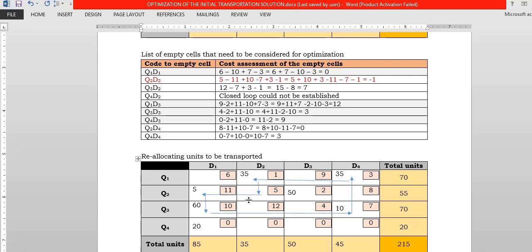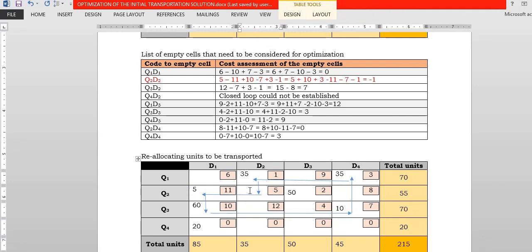So let's now attach those signs. If I say this is positive, and this is negative, and this is positive, and this is negative, and this is positive, and this is negative here.